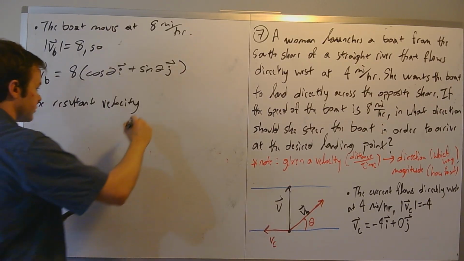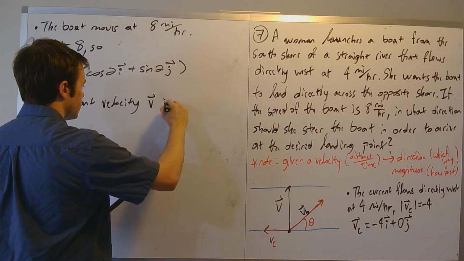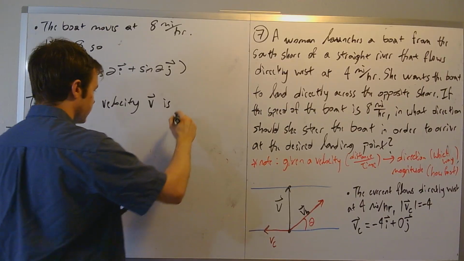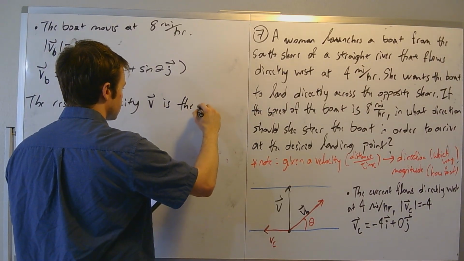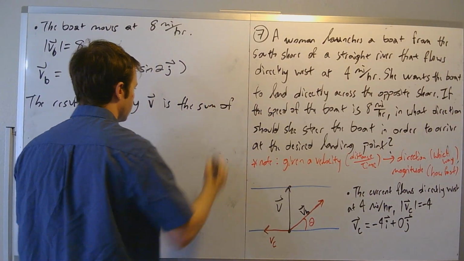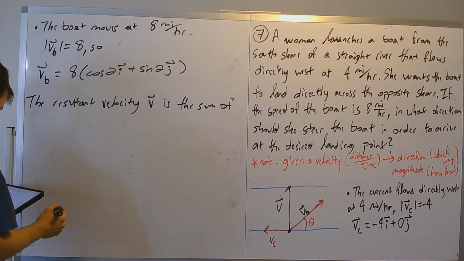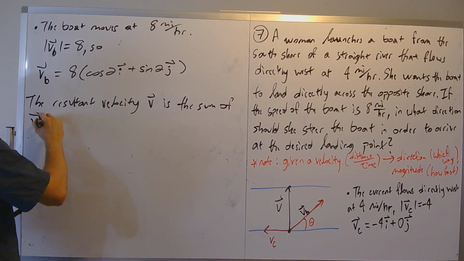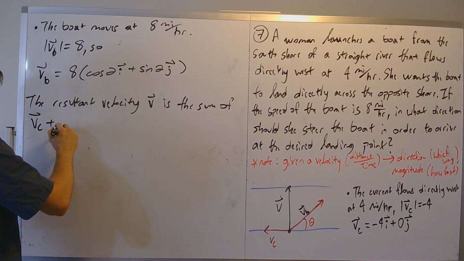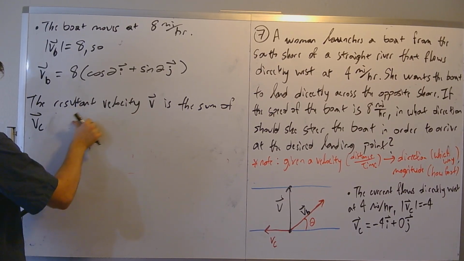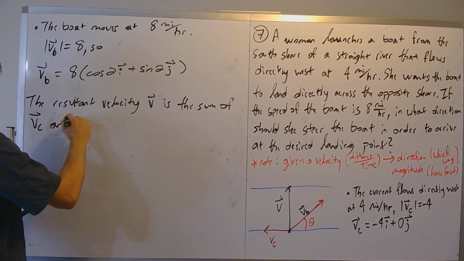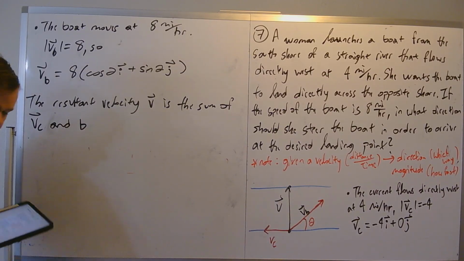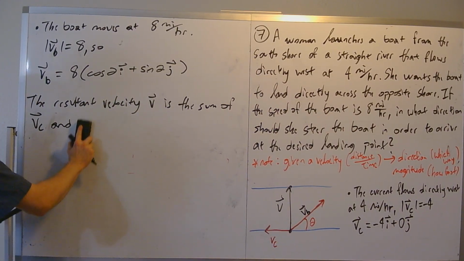The resultant velocity v is the sum of v sub c and v sub b.